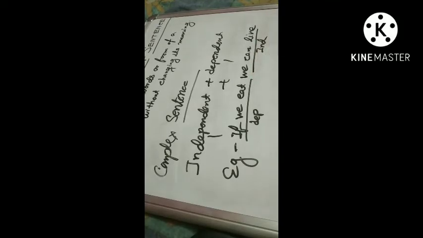Okay, so the same sentence we express differently in different types of sentences, but the meaning is the same. Okay, so how to transform? Now how to transform from complex to compound?